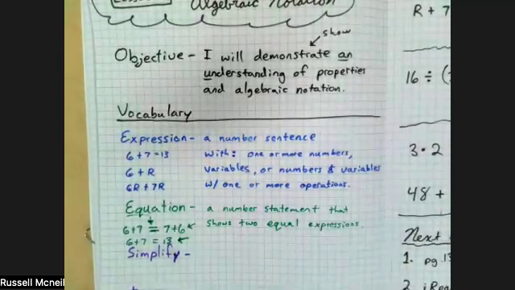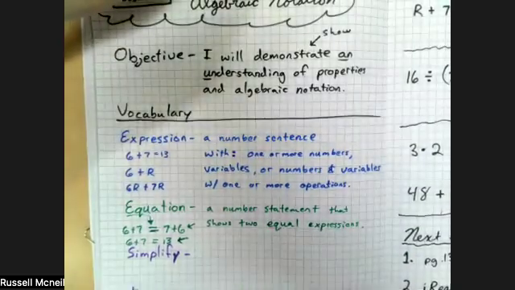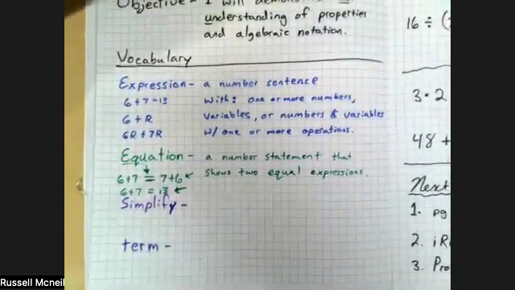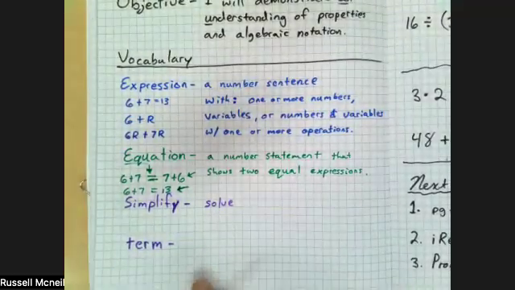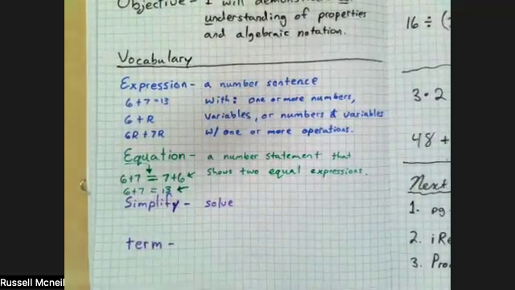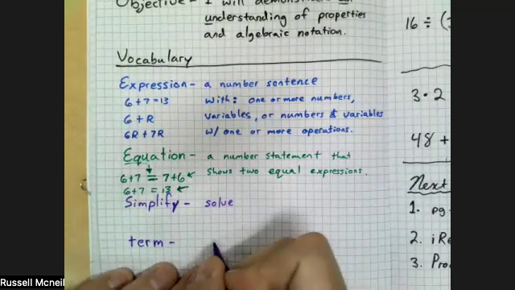Now, simplify. This is going to be a fancy word for solve. So when we simplify, we're solving. We're working out parts of the expression or the equation. And when we talk about terms, I'll draw an example here.